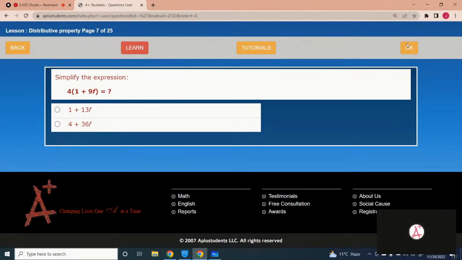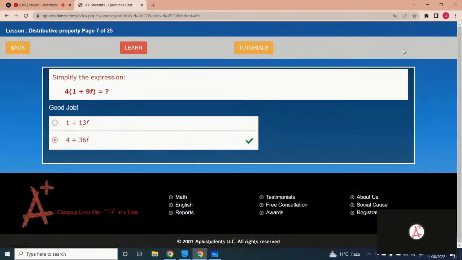If you have any problem, please write the question in the chat box. If you know the answers, please write the answers in the chat box. Very good. It would be the second option. 4 times 1 is 4 and 4 times 9 is 36. It would be 4 plus 36f. Got it?